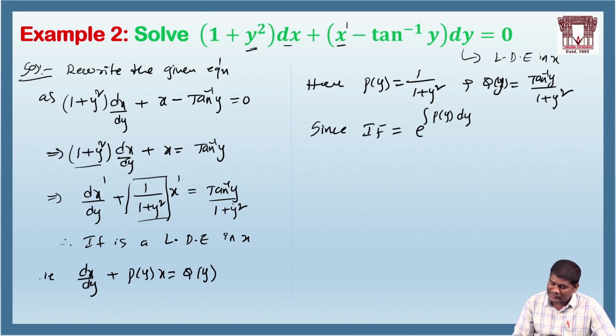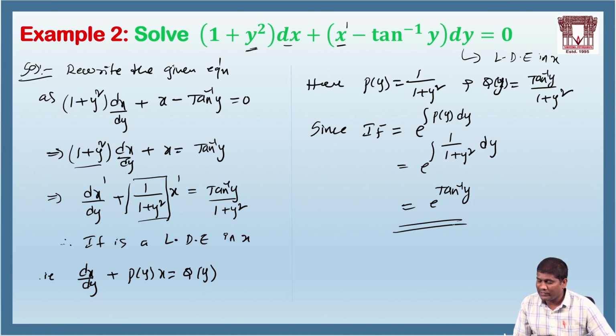Coming to this one, a linear differential equation in x, the integrating factor is e to the power integral of P(y) dy, which is e to the power integral of 1/(1 + y²) dy. The integration of 1/(1 + y²) is tan⁻¹y, so e to the power tan⁻¹y is the required integrating factor.